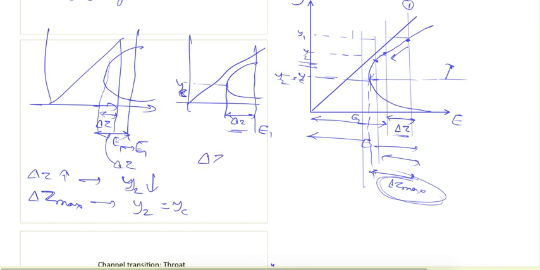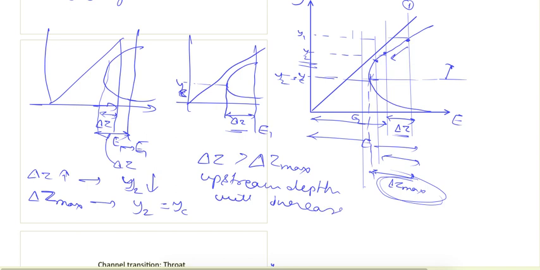And if we want delta z to be greater than this delta z max, the upstream depth will increase and y2 will still be equal to yc. This is the case.